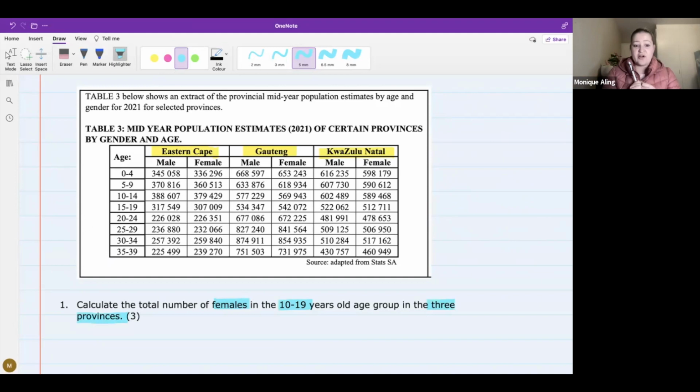I'm going to look at the ages quickly. 10 to 19 would be both of these rows, and we are specifically looking at females. I'm going to ask you to go and add up the total of all the females for Eastern Cape, Gauteng, and KwaZulu-Natal that fall between 10 and 19 years old. I've put the mark allocation next to it, so make sure that you show all the necessary steps.